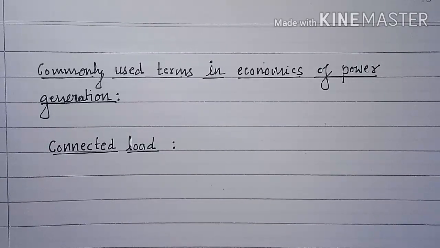That arrangement will have some capacity. That means the arrangement may be made to supply power to a load, say of 250 watt or 1 kilowatt or 2 kilowatt and so on.